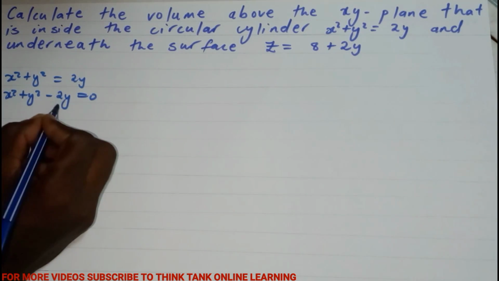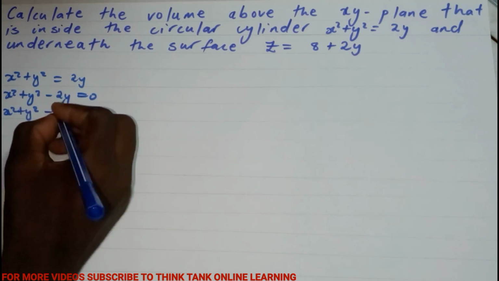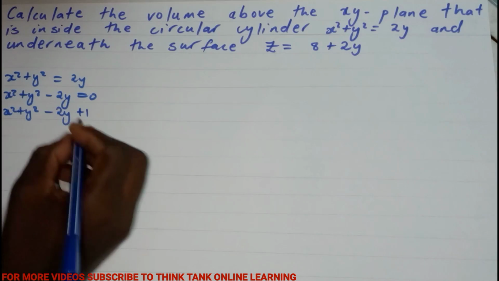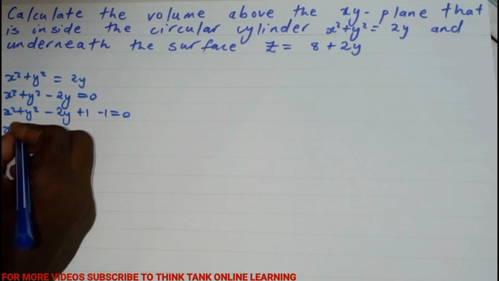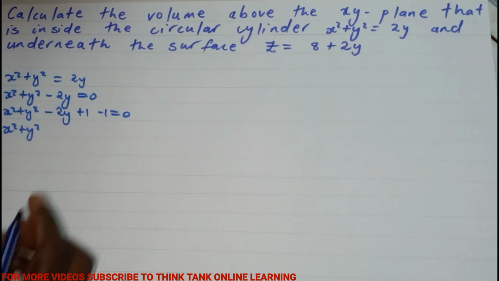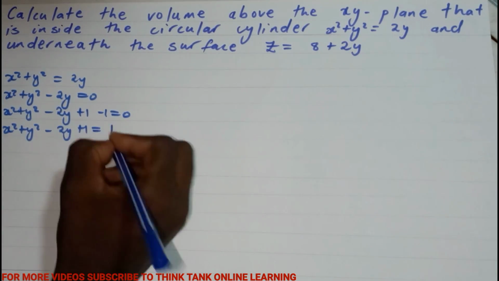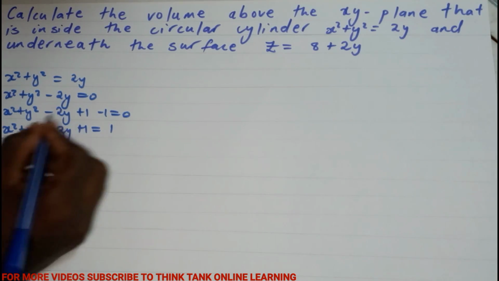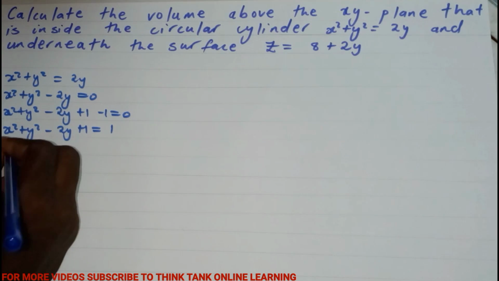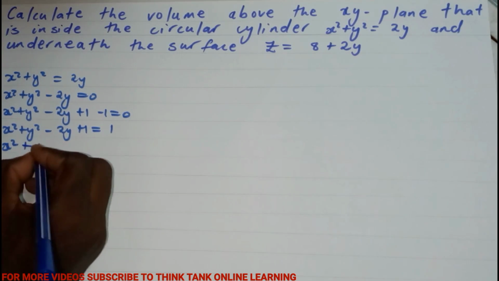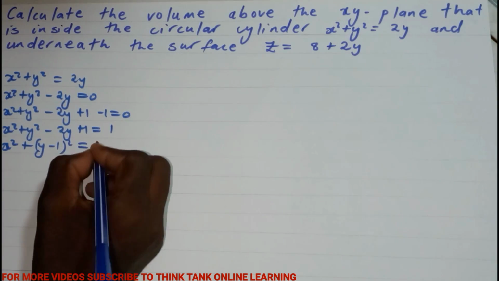To complete the square, divide the coefficient by 2 and square it. So x squared plus y squared minus 2y plus 1, minus 1, equals 0. That gives x squared plus y squared minus 2y plus 1 equals 1, and factorizing, x squared plus (y minus 1) squared equals 1.